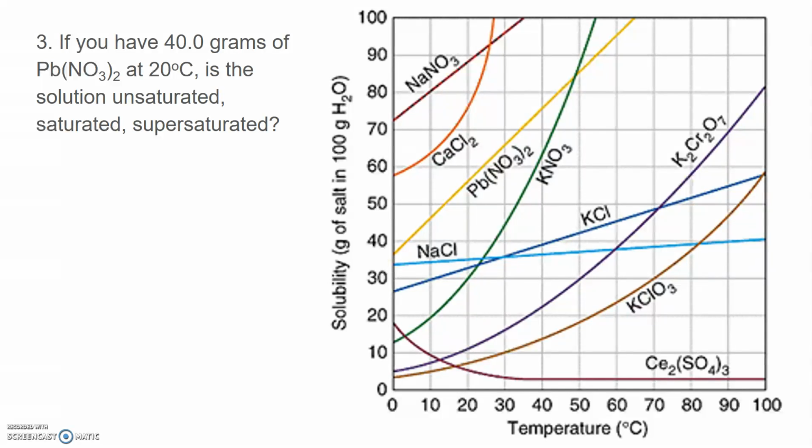So again, we start with our x-axis. We're looking at 20 degrees Celsius. So we come over to 20 degrees Celsius and go up to our lead nitrate.